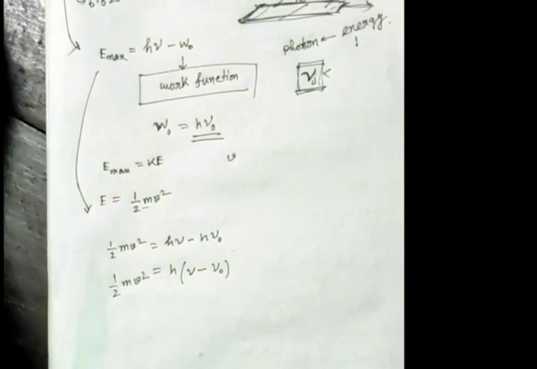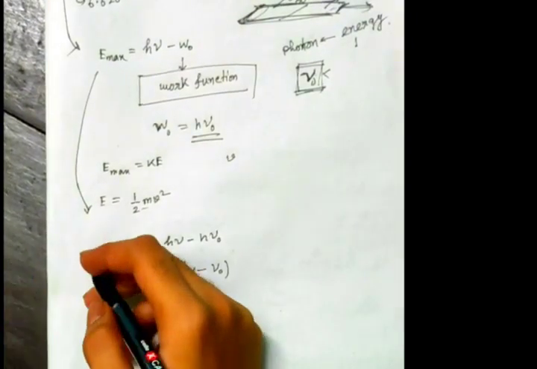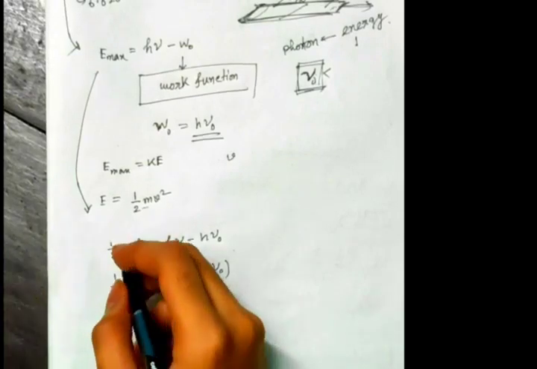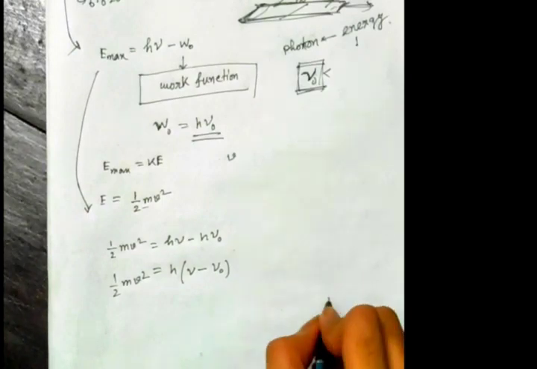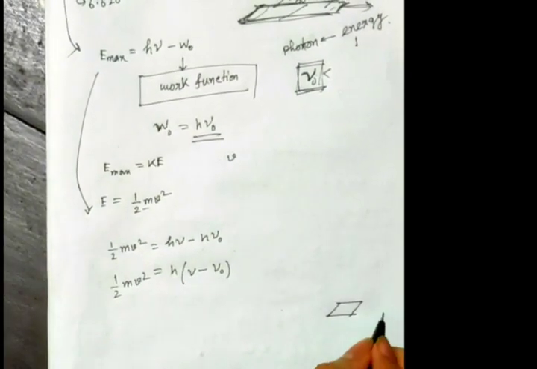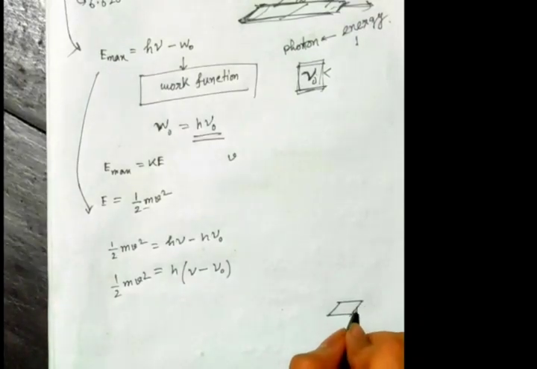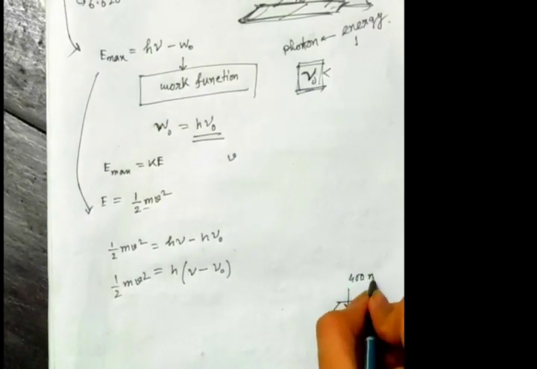And I am giving you example 2. This question came in WBCHSE in 2012: for a certain element the threshold wavelength for starting the photoelectric effect is 400 nanometer.